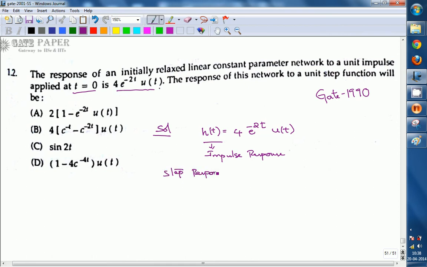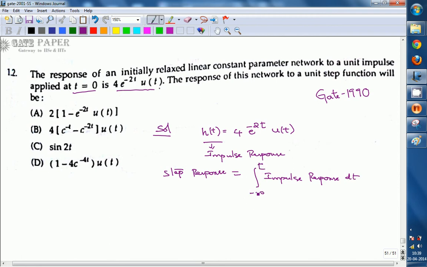of the system. The step response is obtained by just taking the integration of the impulse response with respect to t over the limits minus infinity to t.